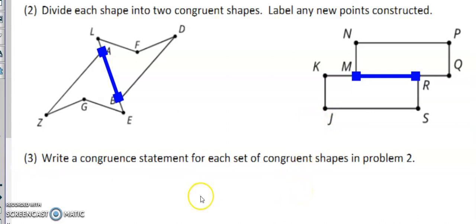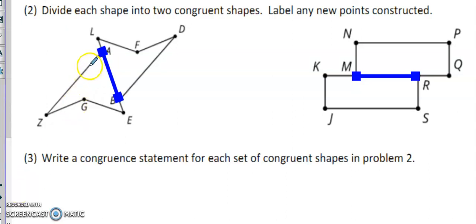to show the rectangles are congruent. So in terms of a congruence statement, anytime we have 4 or more points, we don't put a special symbol in front of it. We do that for triangles because we also label angles with 3 letters.